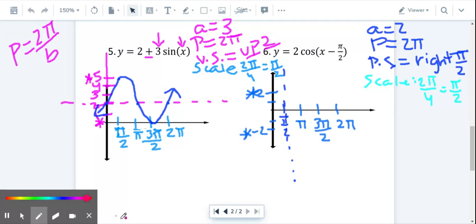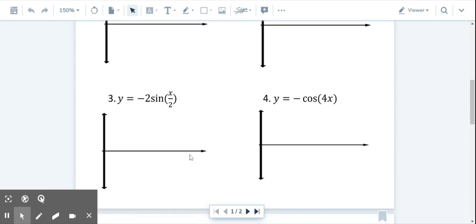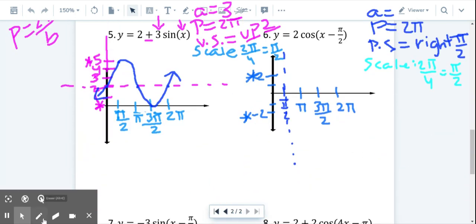Now I'm going to graph this. So because it is cosine and A is positive, we are going to follow that pattern up here. So cosine, A is positive, we start on a max. So here my maximum point is 2 up, and actually it's not going to go on the y-axis because we have to shift to the right.